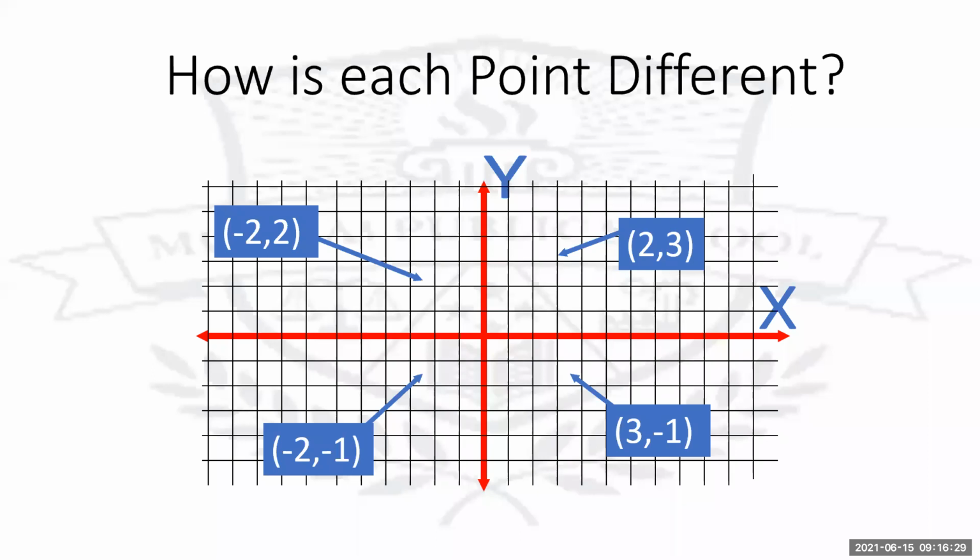Minus 2 comma minus 1 lies in the third quadrant. And 3 comma minus 1 lies in the fourth quadrant, as x is positive and y is negative. Is this clear to all the students?